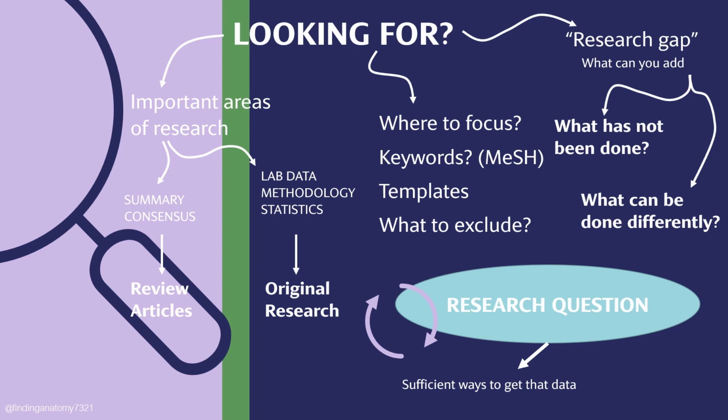Let's say, for example, you're trying to do a review article. Just make sure that you have plenty of articles to do it. To be honest, you could do a review article even with 10 or 15 articles if you're going deep enough with it. But if you're a bit more superficial, there should be around 30 or so articles.